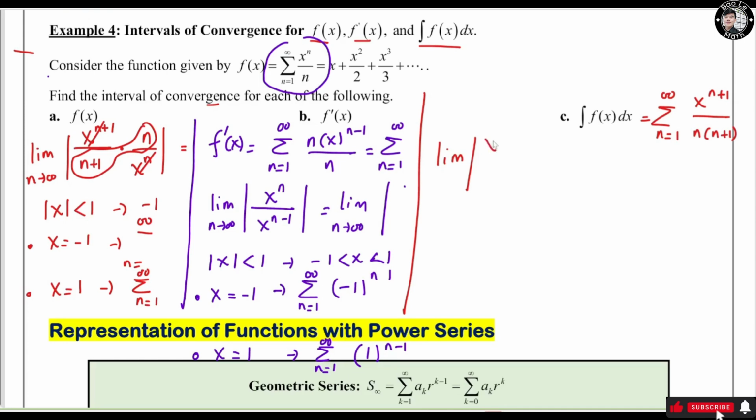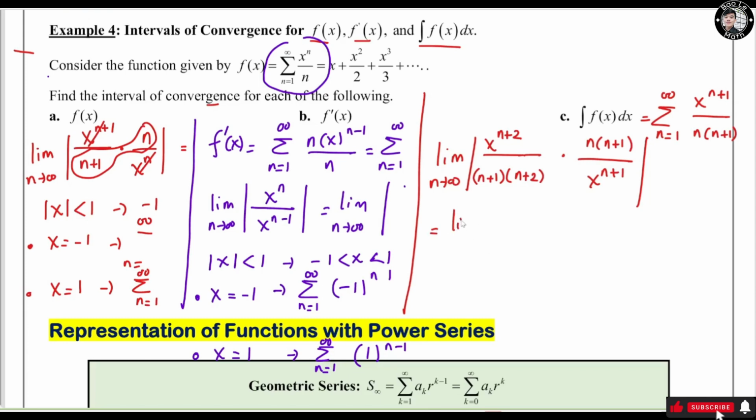So it could be s raised to the n plus 2 over n plus 1 times n plus 2, times the reciprocal of this one, n times n plus 1 over s raised to the n plus 1, when n approaches infinity.